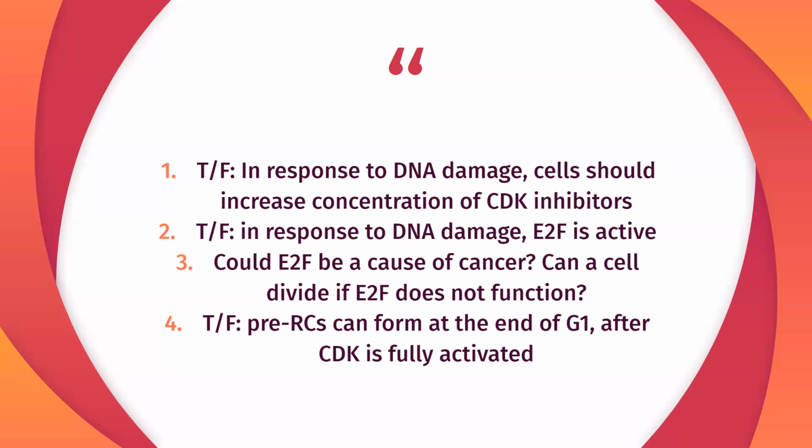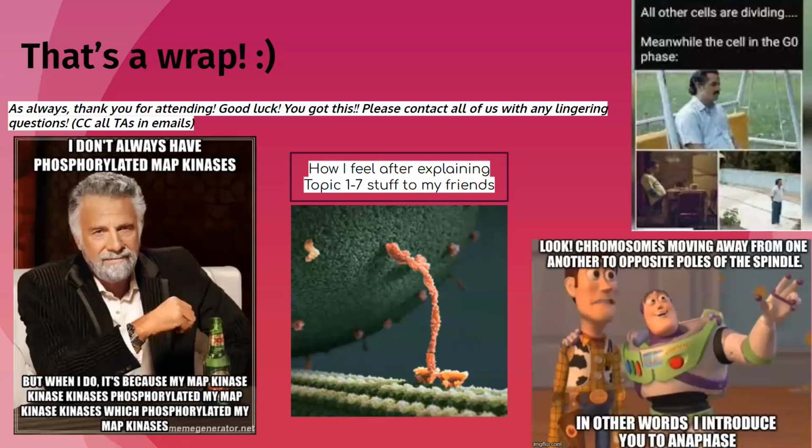Good job. All right, fourth question, true or false? Pre-RCs can form at the end of G1 after CDK is fully activated. Why? And then what happens once they're already formed? Because of the CDK activation.